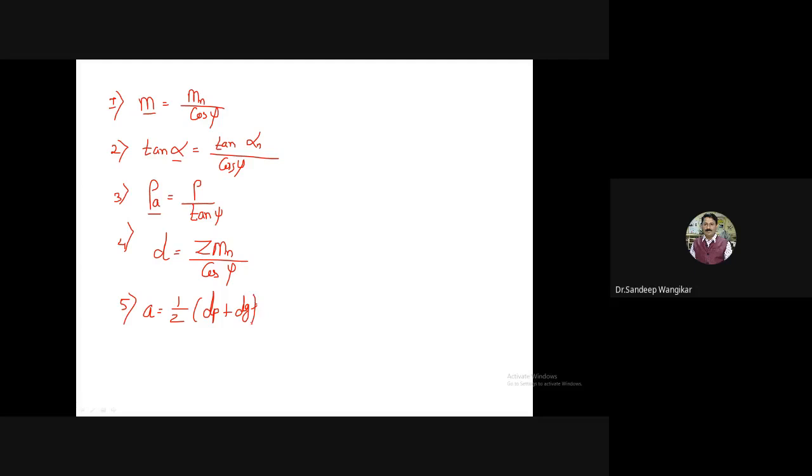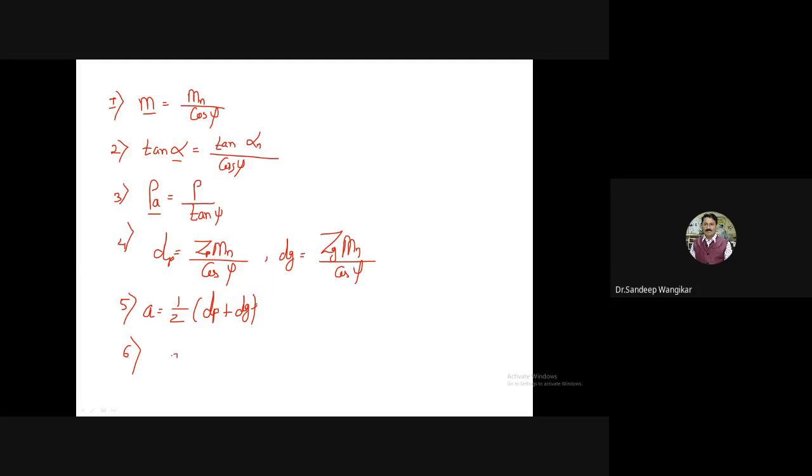So here we are calculating dp and dg both. I will calculate for pinion, and similarly dg is equal to zg mn divided by cos of psi. The center distance is nothing but the sum of the pitch circle radii of pinion and gear, so easily I can calculate.